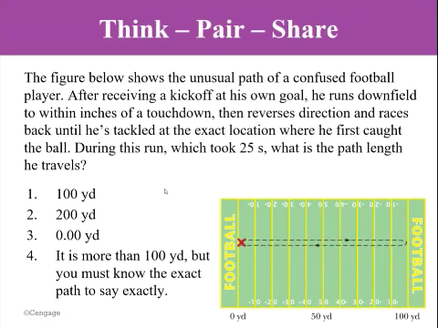After receiving a kickoff at his own goal, he runs downfield to within inches of a touchdown, then reverses direction and races back until he is tackled at the exact location where he first caught the ball. During this run, which took 25 seconds, what is the path length that he travels?